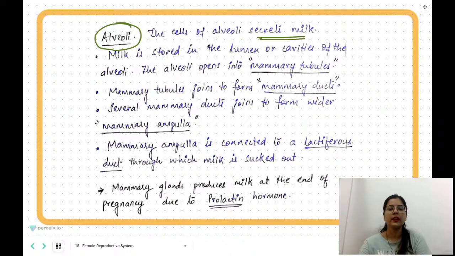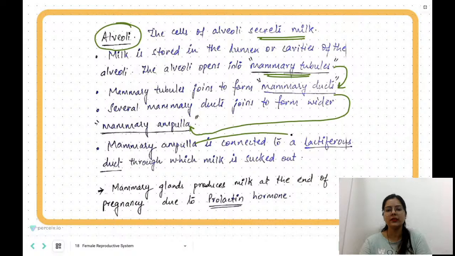Remember this. And the storage is done in the mammary tubules itself. These tubules are also considered the mammary ducts. They ultimately join to a wider part, called the mammary ampulla. And the ampulla is in turn connected to the lactiferous duct, through which the milk is sucked.